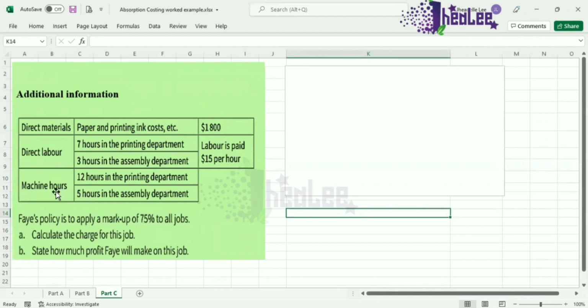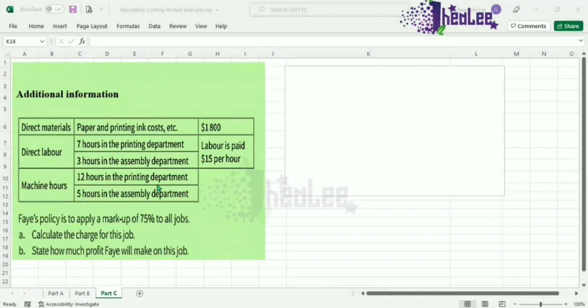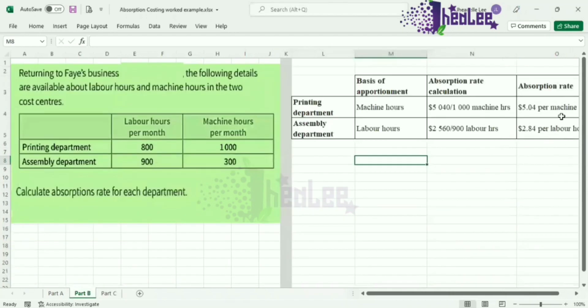For machine hours, and these are the overheads, 12 hours in the printing department and 5 hours in the assembly department. But notice in this section, they did not give you the cost per machine hour for the printing department and the assembly department. Where do you get this figure from? It is taken from our response from part B. So for printing, it is $5.04, while for the assembly, it is $2.84.